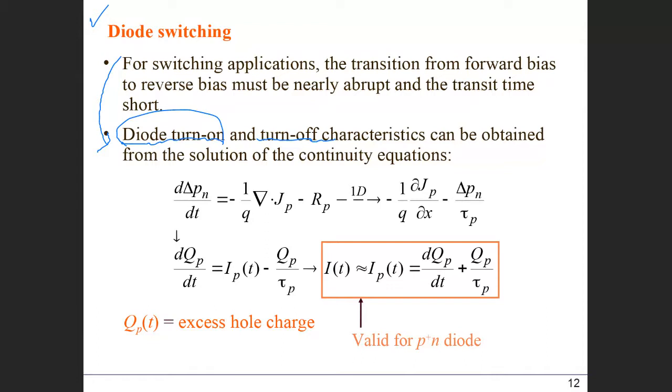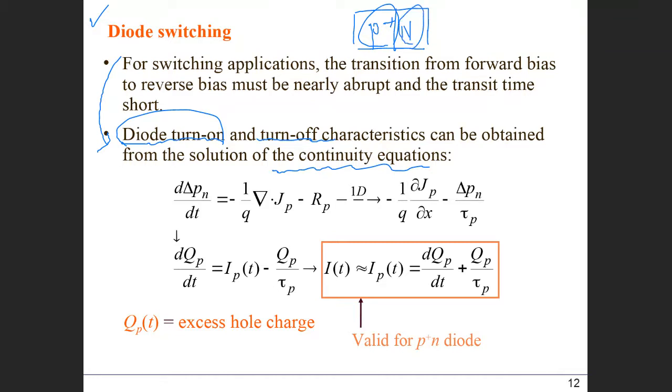Okay, so in both of these cases, our starting point is the continuity equation, especially when you look at the P plus N diode. The P plus N diode means that the P side is highly doped and the N side is low doped.